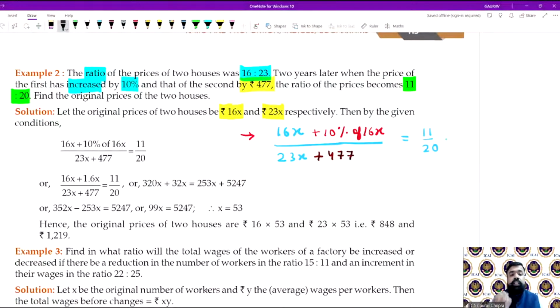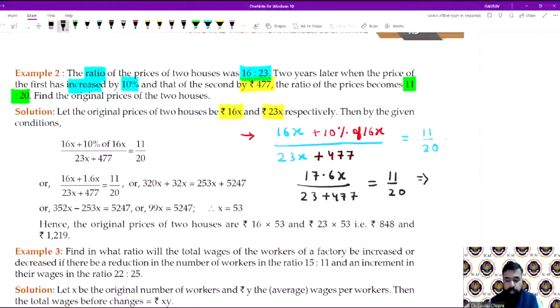So 16x plus its 10% gives us 17.6x upon 23x plus 477, equal to 11/20. Now just do the cross multiplication and get the result.